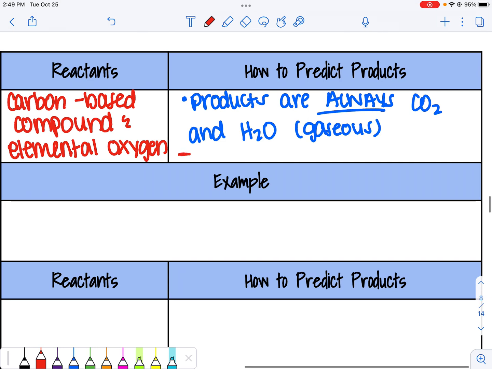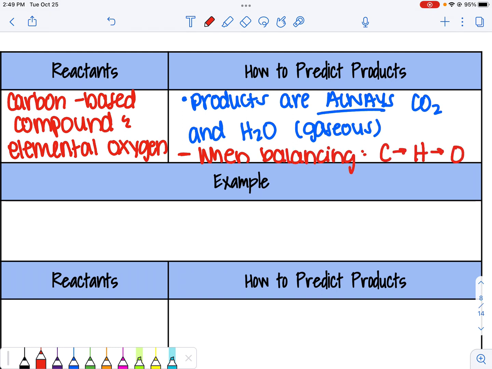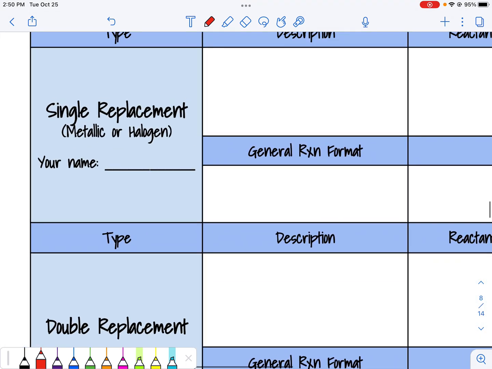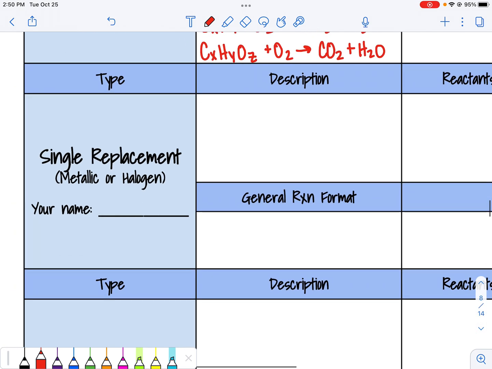So as a reminder, you might want to write yourself the reminder when balancing, you need to go CHO. All right, so write yourself an example in there, and then we're going to talk about single replacements.